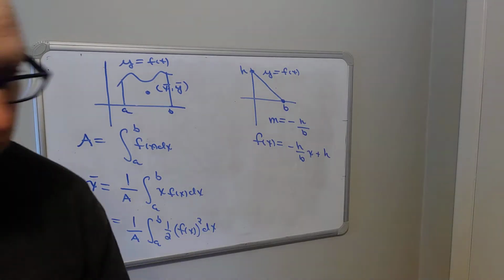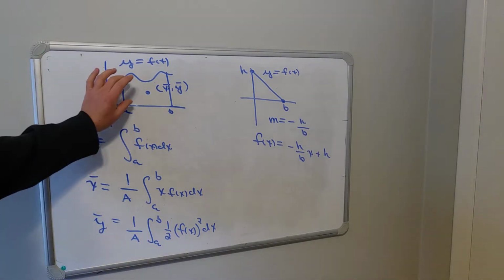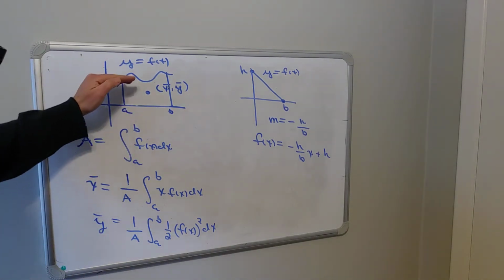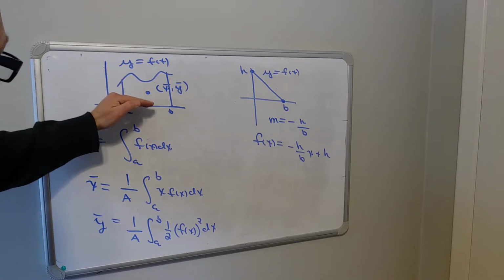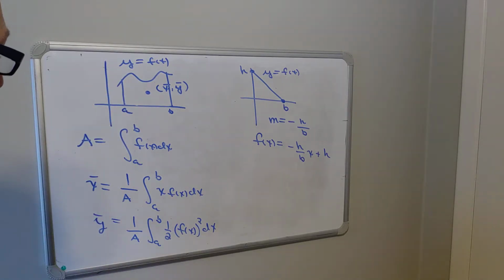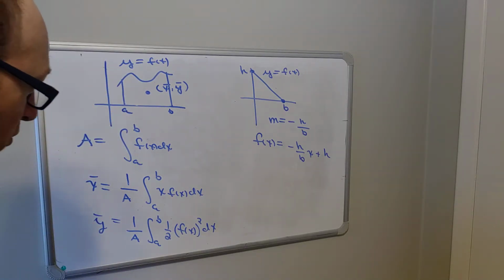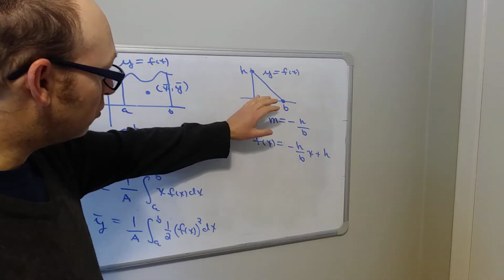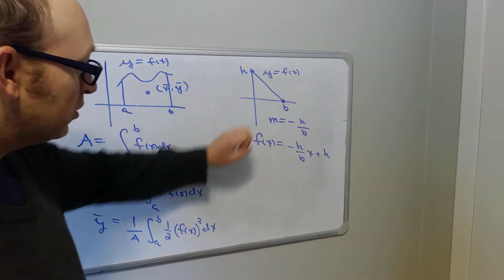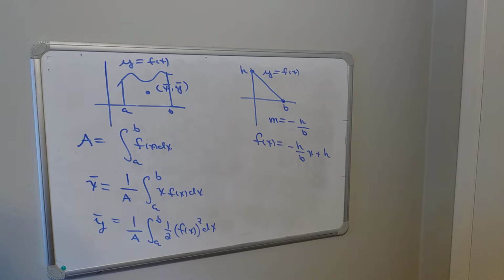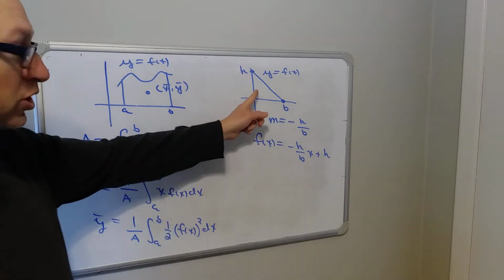Our assumption is that it's the graph of a function, and it goes from the graph to the x-axis. Of course, in general, you can have objects anywhere, and there are similar methods you could use to compute their centroid.